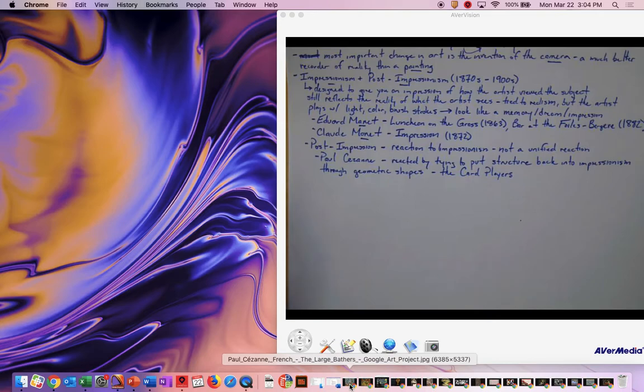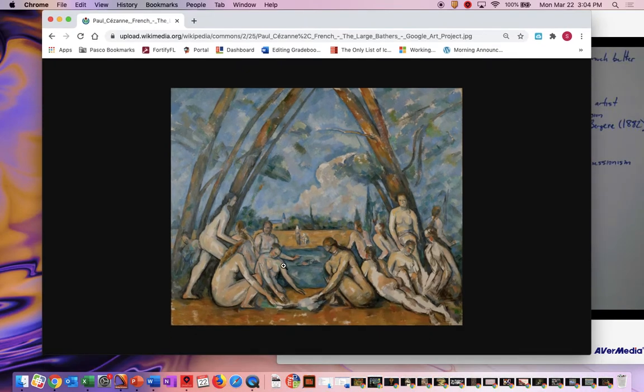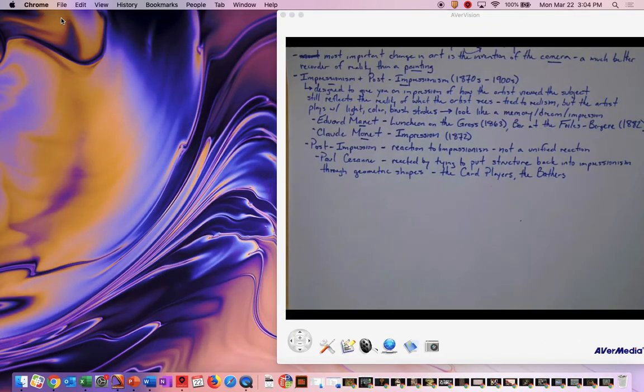Here's another one by Cézanne. I think this was in 1905. This one is called The Bathers. And in this one, you see a lot of circles, a lot of round figures. So Cézanne is trying to kind of impose a little bit of order on what Impressionism is trying to do.